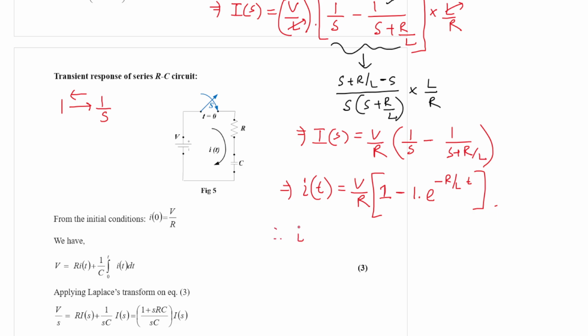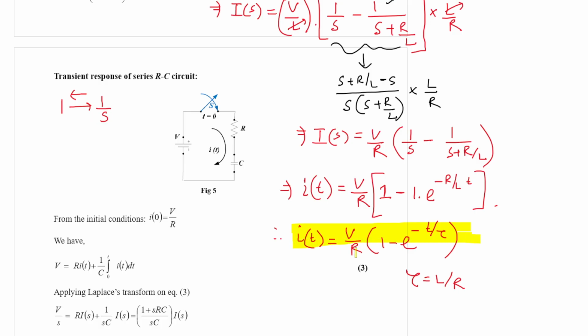So i(t) becomes V by R into 1 minus e to the power minus t over tau, where tau is L by R. So we will have exactly the same expression. We solved exactly this expression in the time domain analysis.